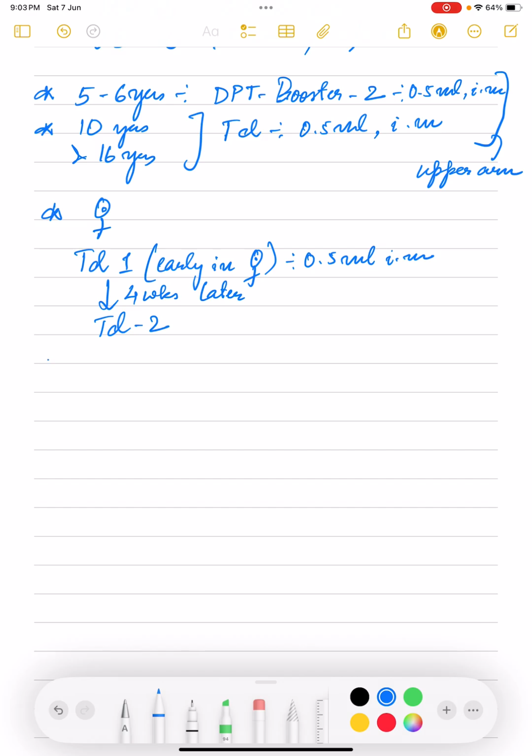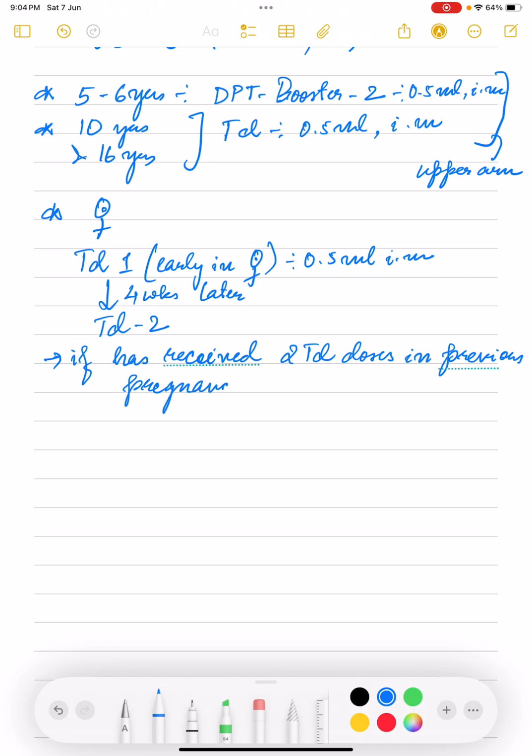Now supposedly, if the patient has received two TD doses in a previous pregnancy within 3 years.